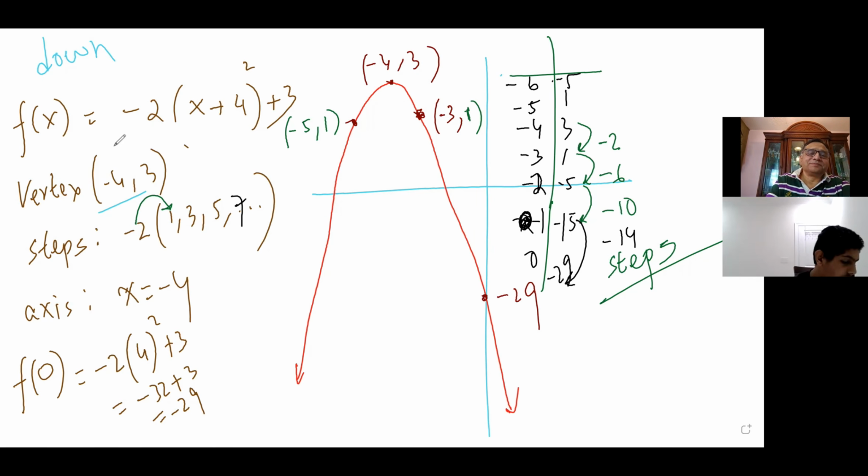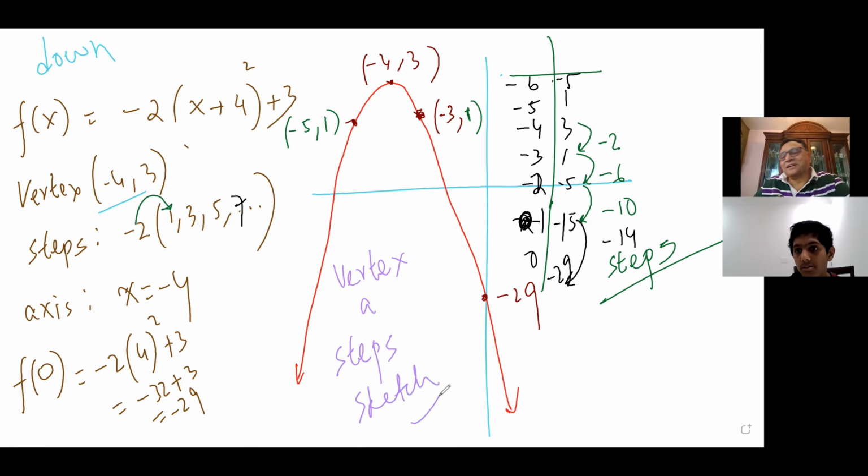Like in this equation, it's -2. You multiply it by the steps, which would be 1, 3, 5, 7, and you get whatever new steps you have. Then you just use the steps method to calculate from there. Correct. It is so easy to sketch a parabola, and I think that is the easiest way to get the parabola with all accurate values, right?